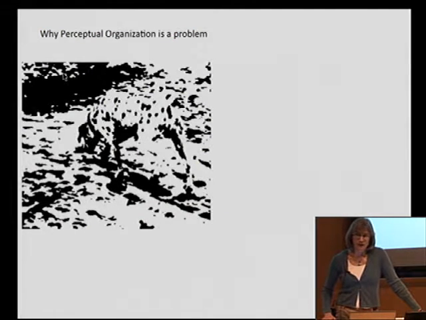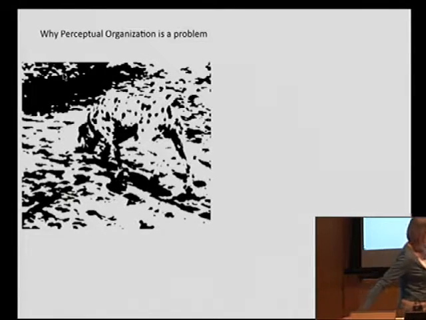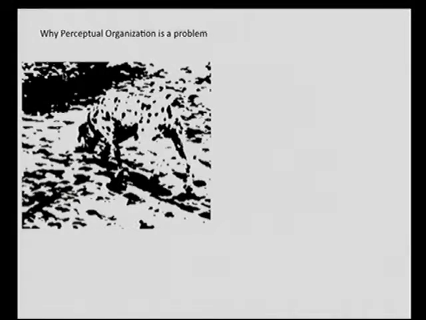So just to try to give you a sense of why perceptual organization is a problem, take a look at this picture. If you haven't seen it before, there's actually a quite recognizable object in there. It's going to be hard for you to see it. But I'm showing it to you now just to give you a sense of what the visual system has to do. It has to put together all sorts of disparate activations on the retina. So light comes in to the eye.